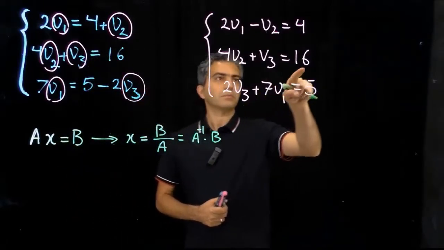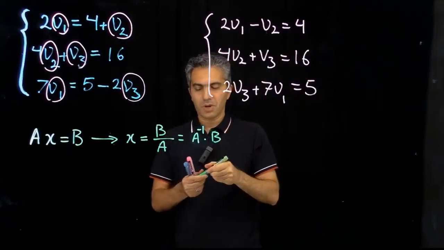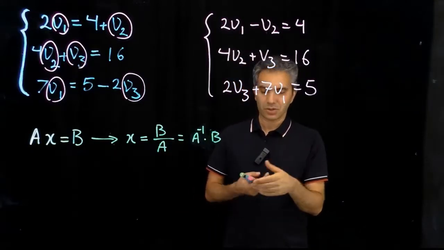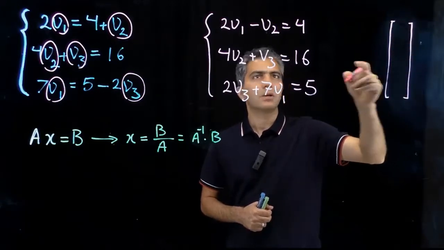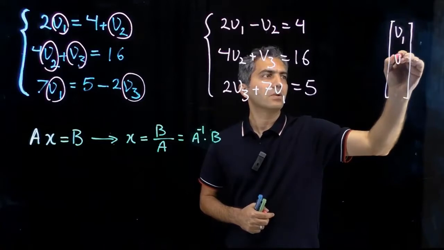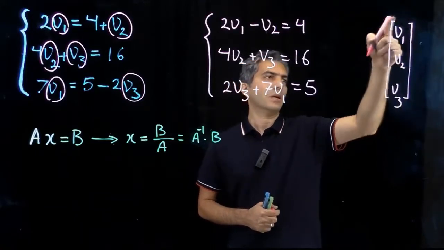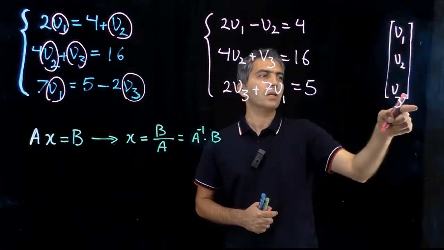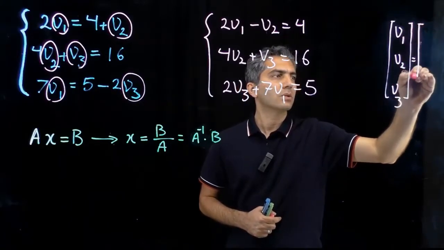So I can take this set and write the same set of equations in a different language. How do I do that? Start by putting all the unknowns into an array of V1, V2, V3 arranged in a vector or a 3x1 matrix, and on the other side I'm going to do the same thing.